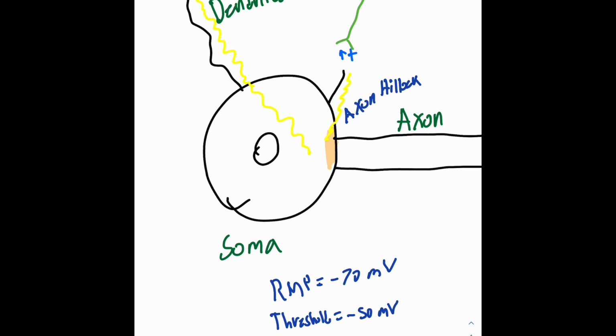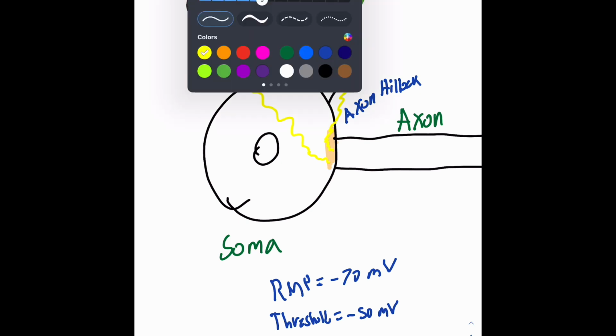So let's assume that the electric current has indeed made the resting membrane potential higher and reached the threshold of negative 50 millivolts. From here, we can see that a lot of sodium will start entering the cell.